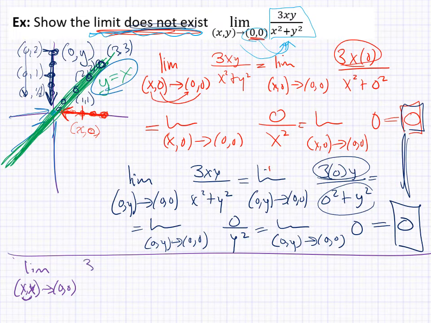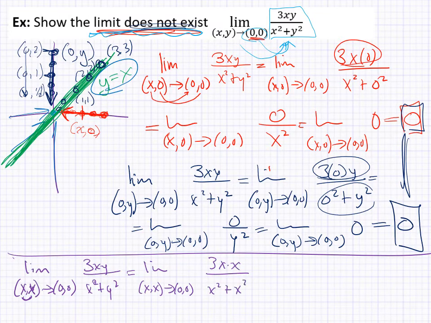So if I do that for 3xy over x squared plus y squared, rather than have x's and y's, I could have all x's here, and say it's the limit as x approaches 0, 0 of 3x times x over x squared plus x squared, which would give me the limit of 3x squared over 2x squared.